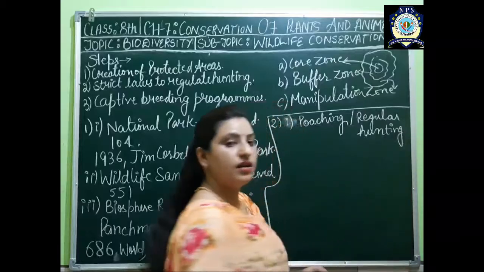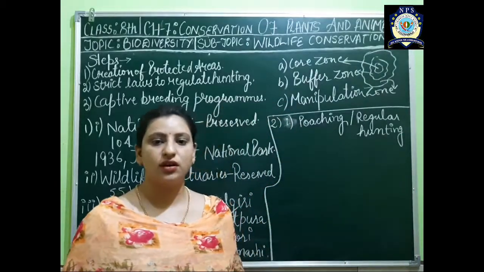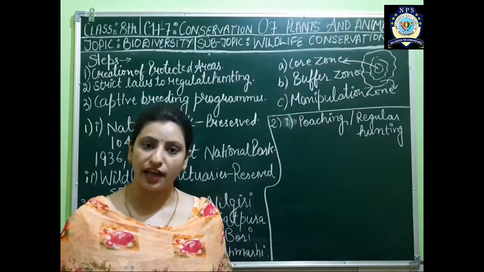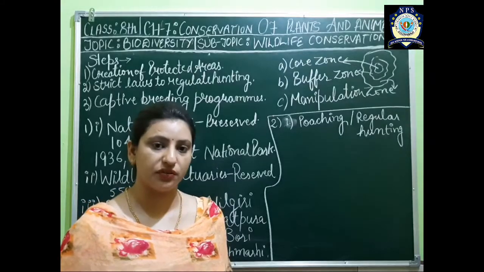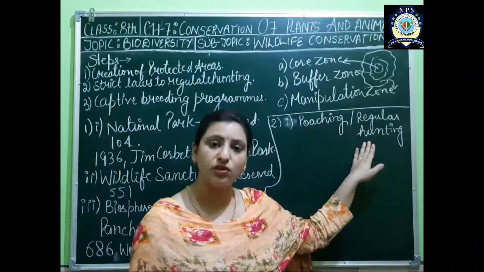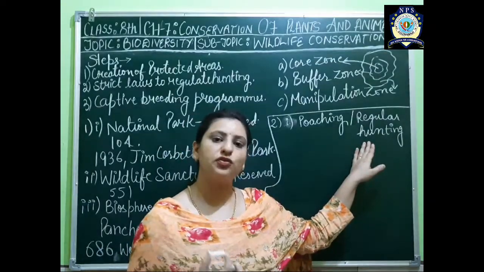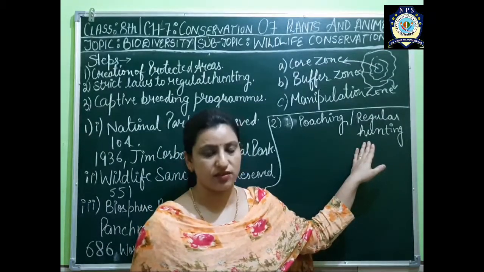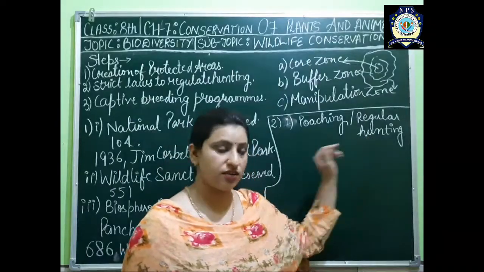Poaching means selling body parts of wild animals for financial benefit. Irregular, or you can say regular, hunting of animals also leads to a decrease in the number of animals in a particular species, so that should also be checked.